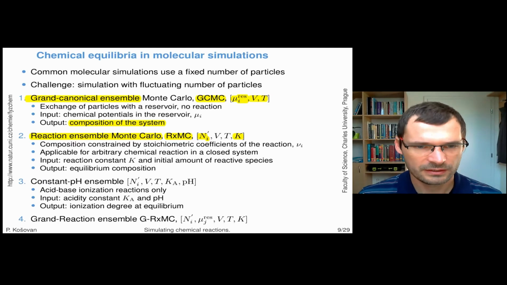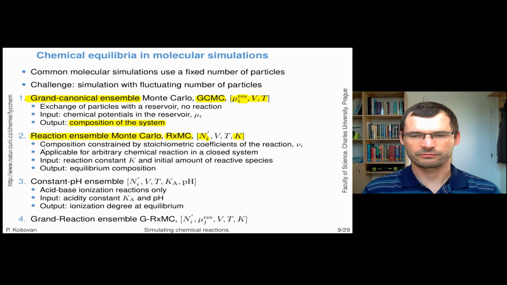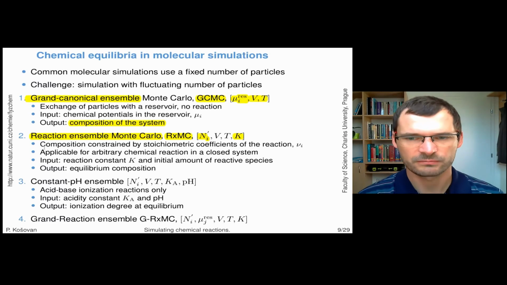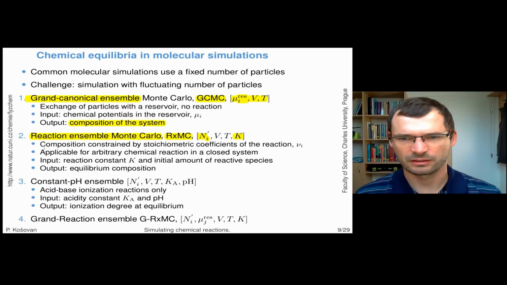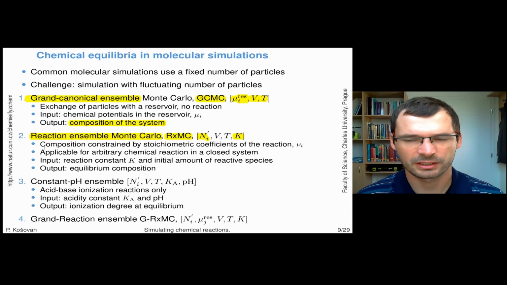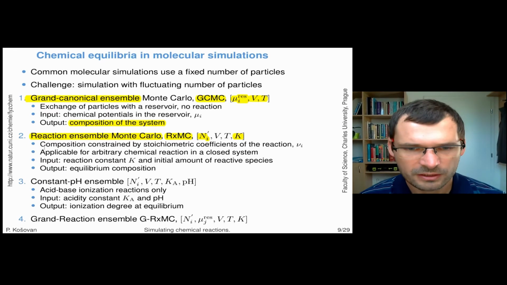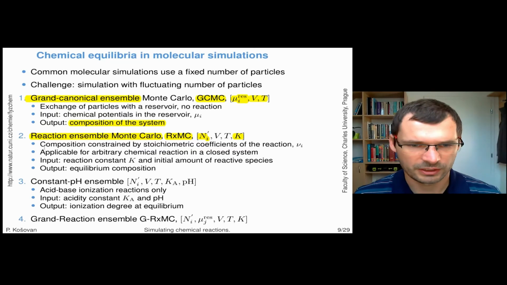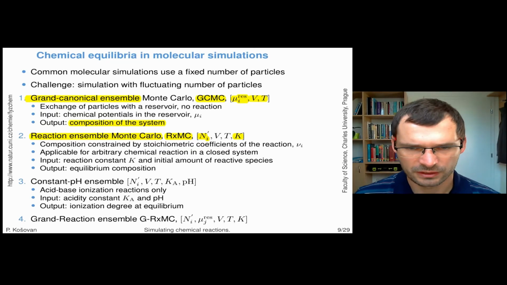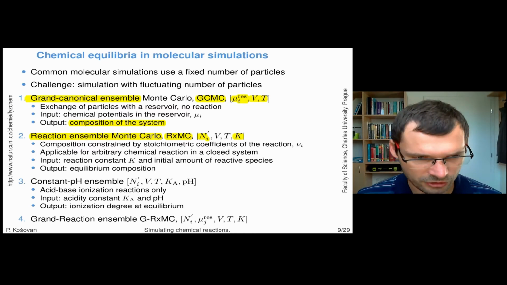In this case, the composition of such a system is constrained by the stoichiometric coefficients of the reaction, so we are working in a closed system where molecules can change their identity as prescribed by the stoichiometry, but they cannot leave the system or enter the system. This framework is in principle applicable to an arbitrary chemical reaction in a closed system, and based on the equilibrium reaction constant as an input and the initial amount of reactive species, we obtain the equilibrium composition.